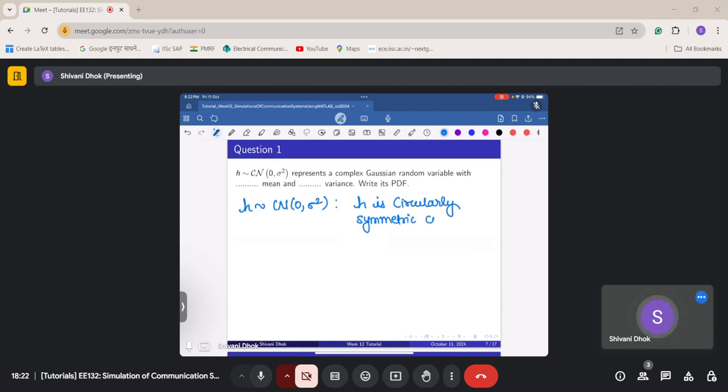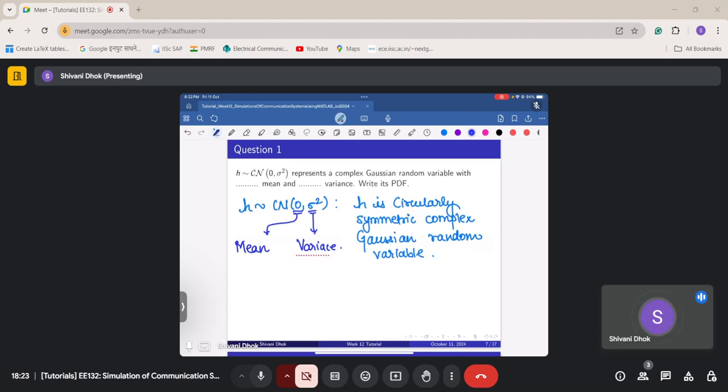Circularly symmetric complex Gaussian random variable. What it means is, same way as your Gaussian random variable, the first entry means it is the mean and the second entry means it is the variance.